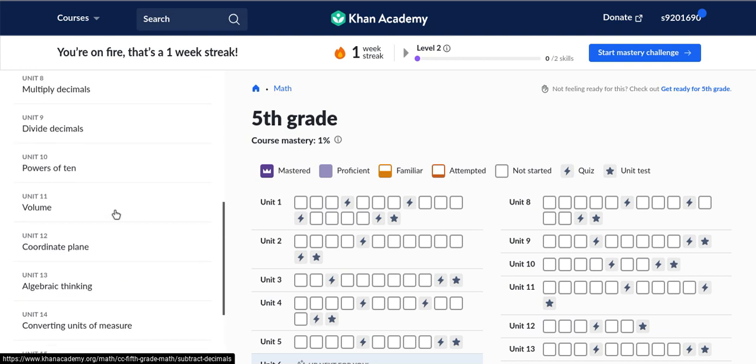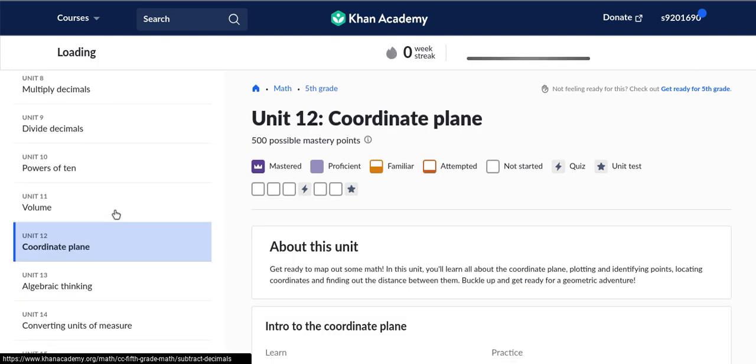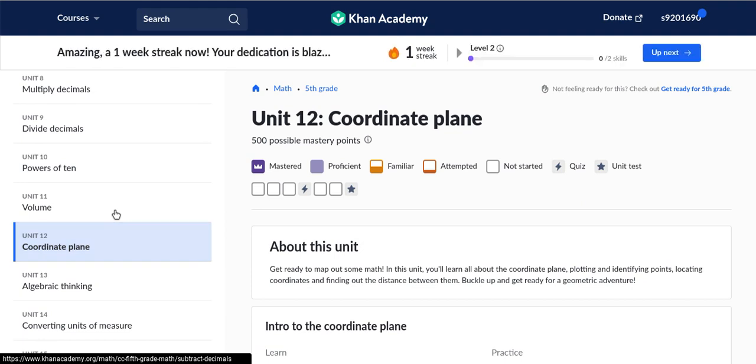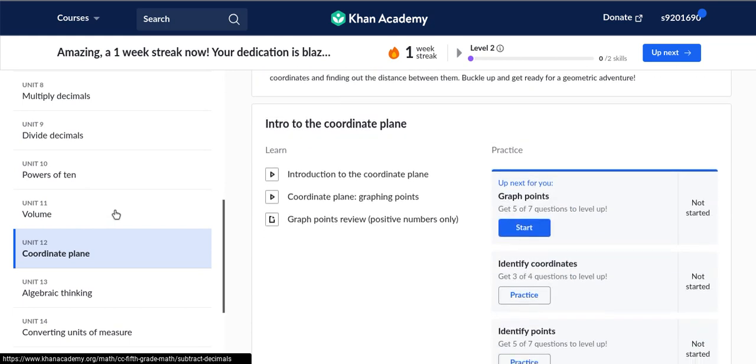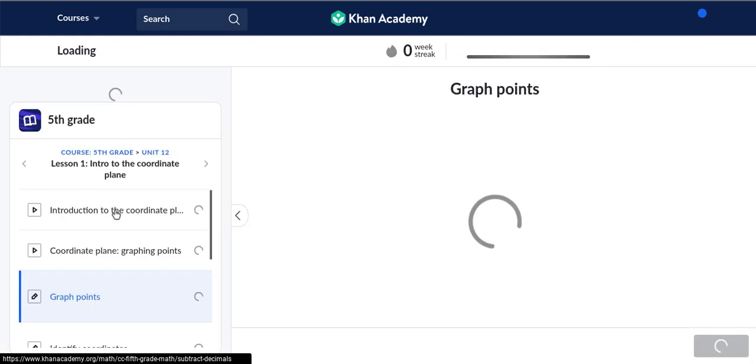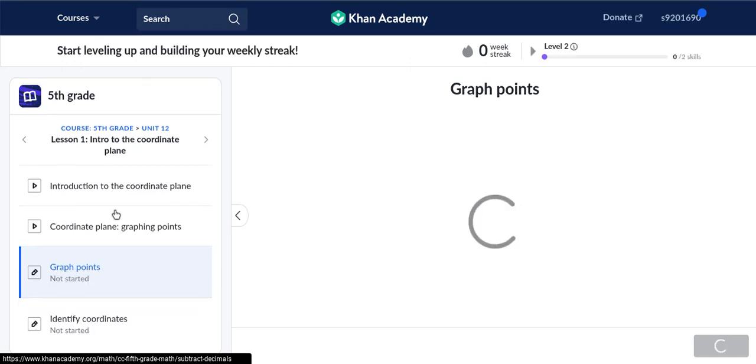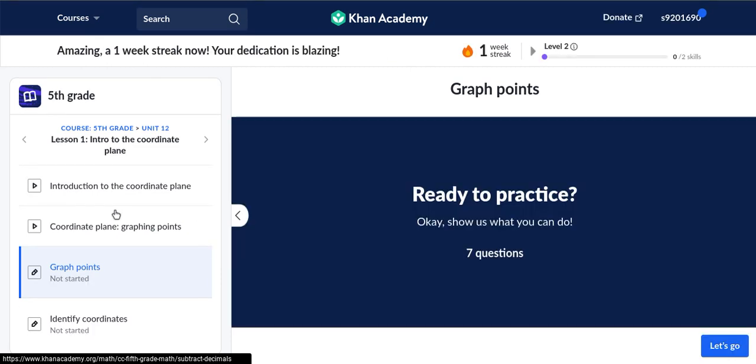So we're gonna do a lesson on each. First we're gonna do the coordinate plane, then a powers of 10 lesson, then decimals, then fractions, and then it's gonna be the end of this video. So first we're gonna start off easy with graphing points on the coordinate plane.